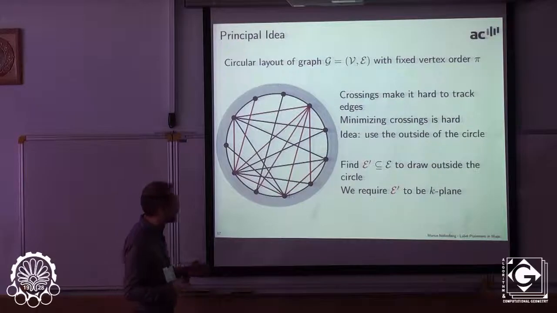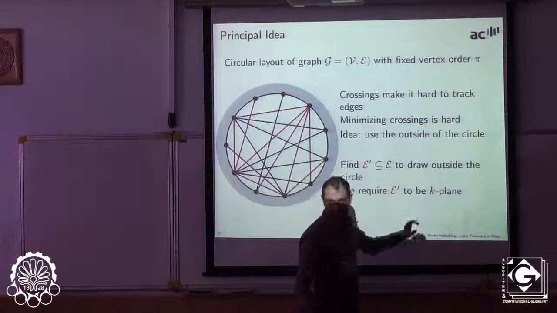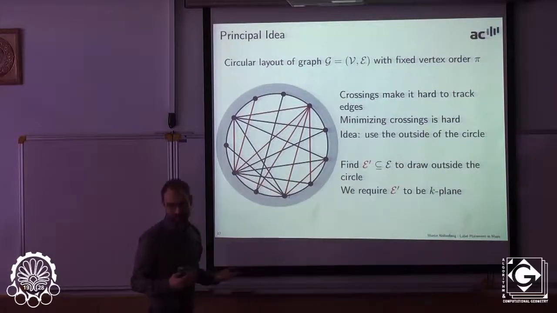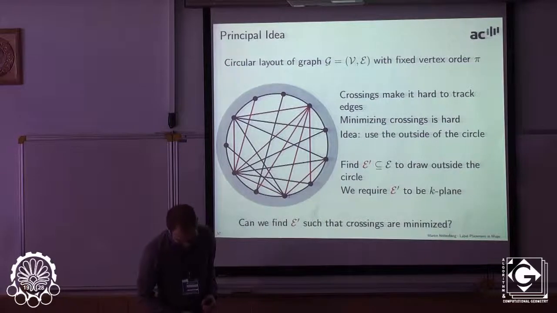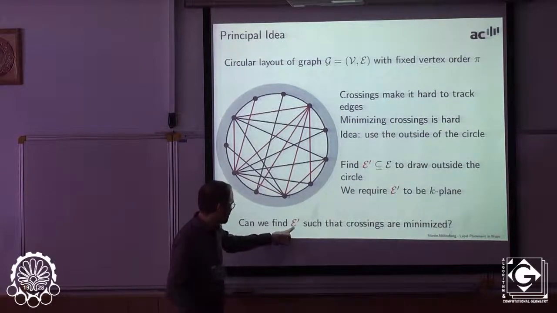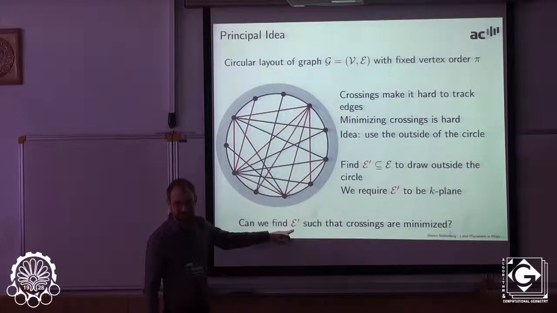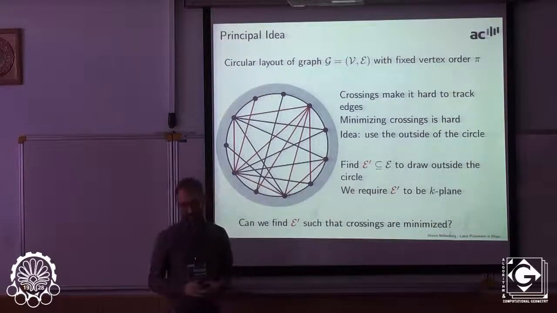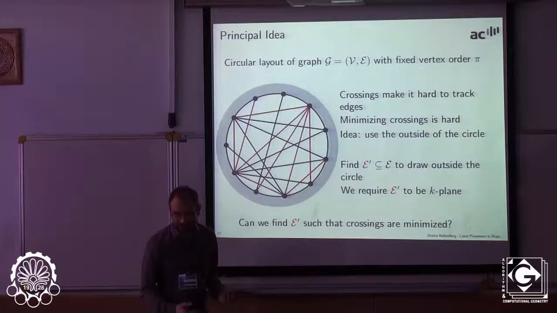And then we require that we don't put too many crossings on them. So for example, you can say the outside edges are a planar subset of edges, or they have at most 1 crossing or at most 2 crossings, etc. So the question now is, can we find the best set E prime of red edges to put to the outside so that the number of crossings is minimized? So this is kind of a constrained crossing minimization problem where the hope is it's not hard.